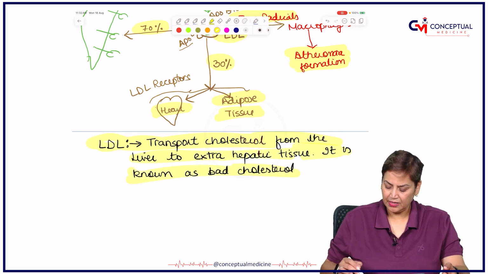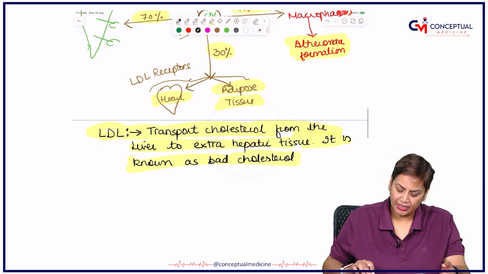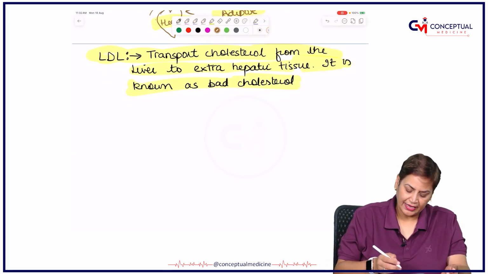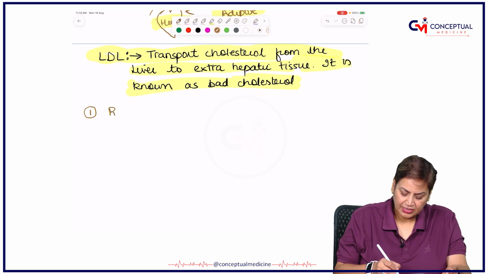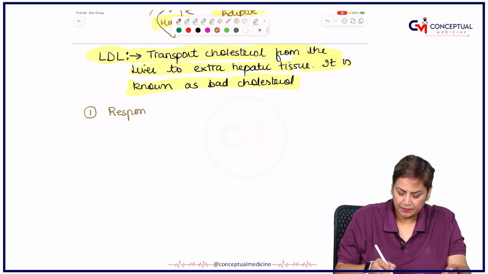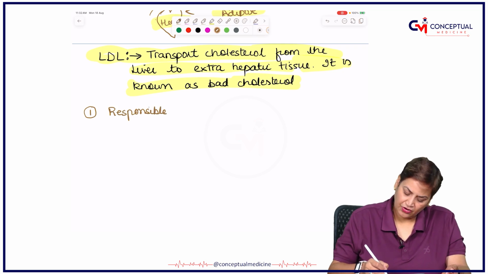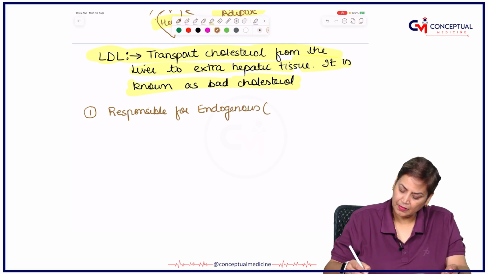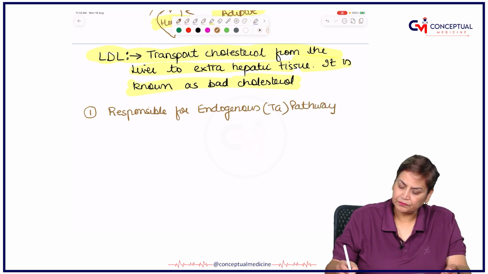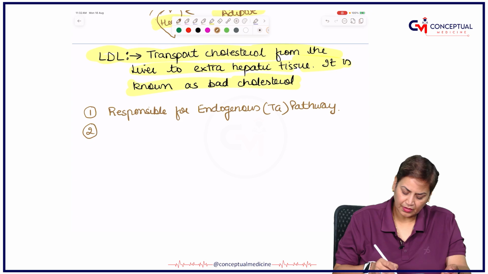So let's quickly jot it down in the form of points. I can simply say that the first step is responsible for the endogenous pathway. Right. Then what is a nascent VLDL?